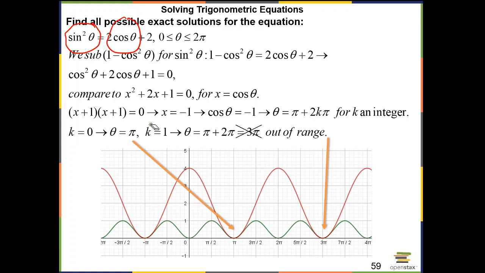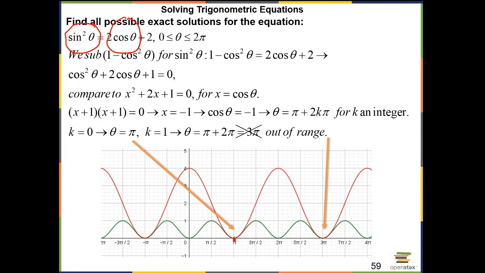So where do they intersect? Well, in 0 to 2 pi, these two intersect only at one point, right?